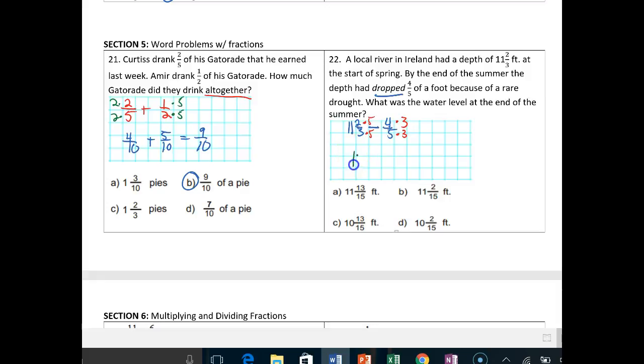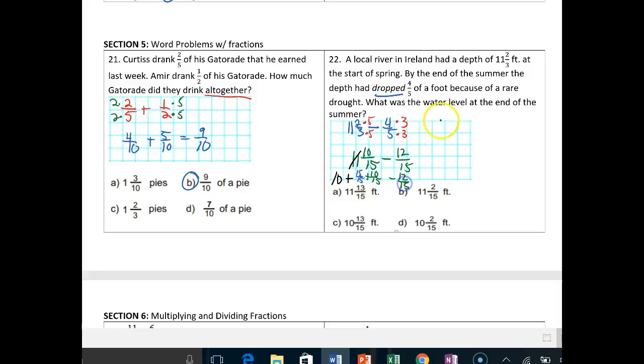So we have 11 and 10 over 15 minus 12 over 15. And what are we going to have to do? We're going to have to borrow because we can't do 10 minus 12. So we borrow. That stays 10 plus, what's our new whole number that we borrowed? It's 15 over 15, determined by that denominator right there, plus the original 10/15 that we had, then minus 12/15.